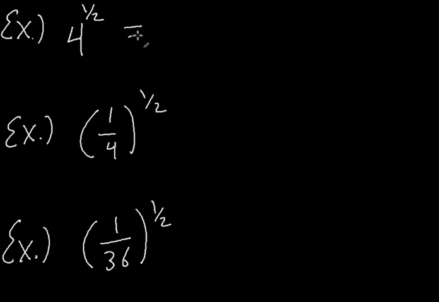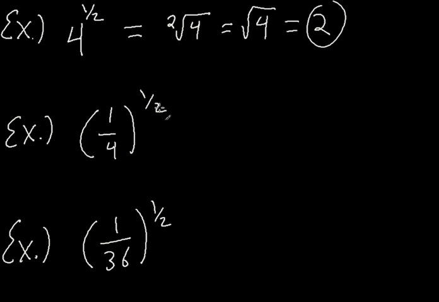So let's try this. 4 to the 1/2. That is the square root of 4, and the 2 is understood to be the square root, so we don't actually write the 2. What is the square root of 4? It's 2. What about the square root of 1/4? This 1/2 would be the square root. By the quotient rule, that is the square root of 1 over the square root of 4.